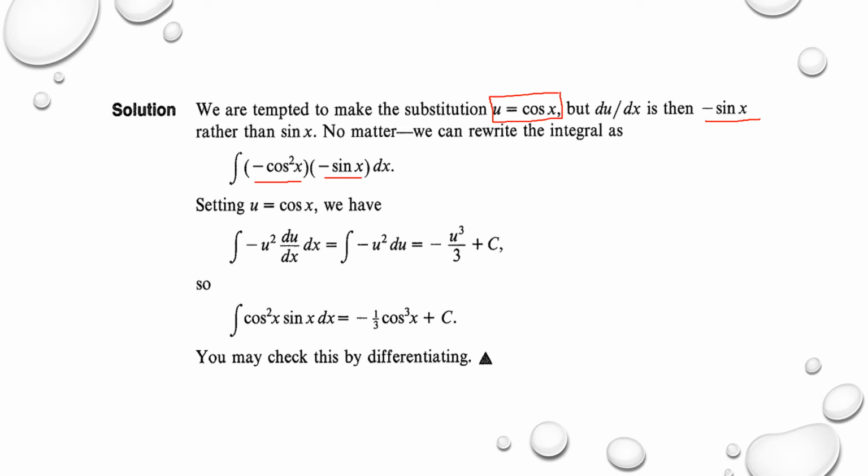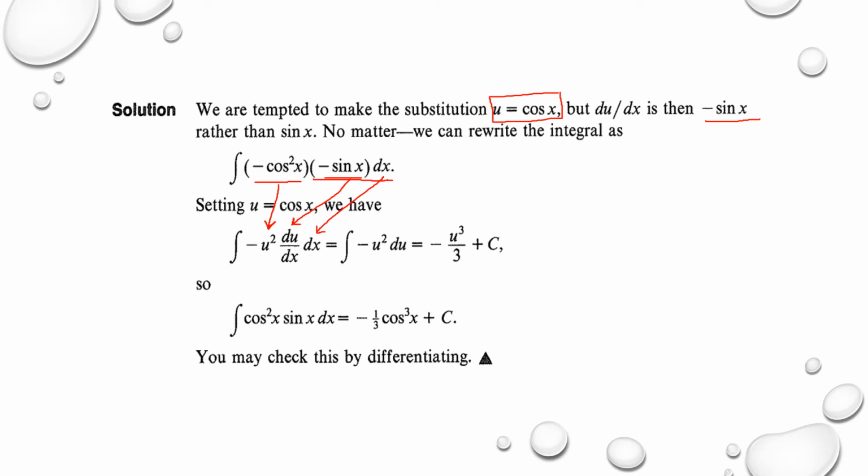If u is equal to cos of x, then this factor is minus u square, while this part is du by dx, and this dx is here.